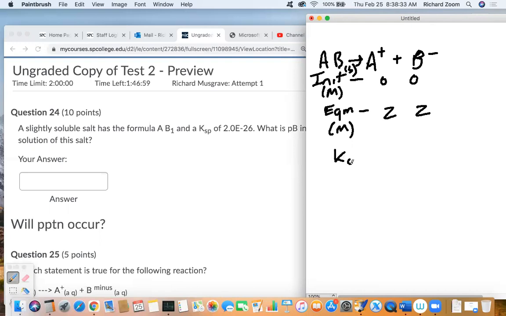The Ksp is going to be A plus times B minus for this one, and that's going to be Z squared. And the Ksp you're given here is 2.0 times 10 to the negative 26.